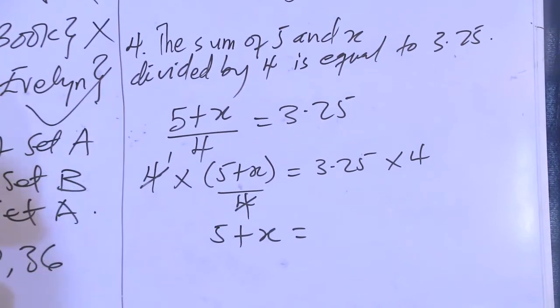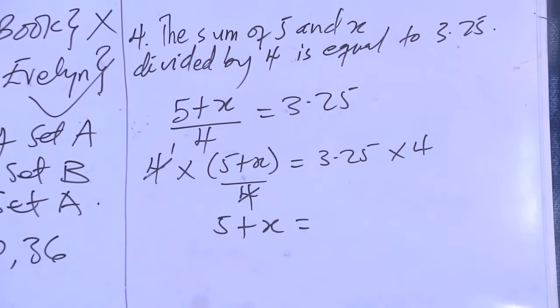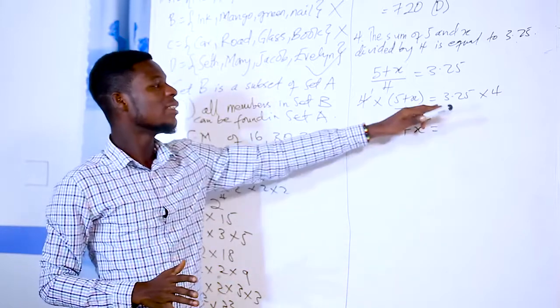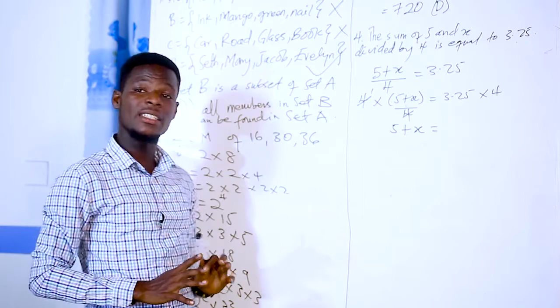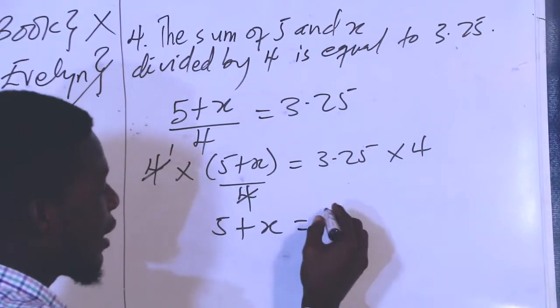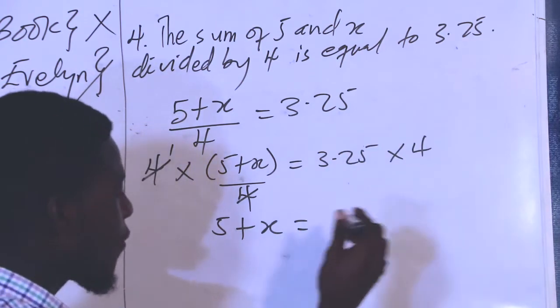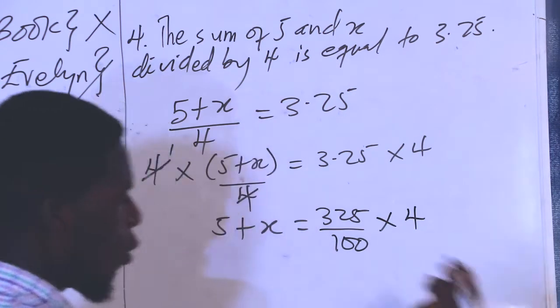This is where most students are unable to multiply decimals. So what I encourage is that you simply change the decimal to fraction form to make it easy for you. 3.25 in fraction is 325 over 100 times 4.